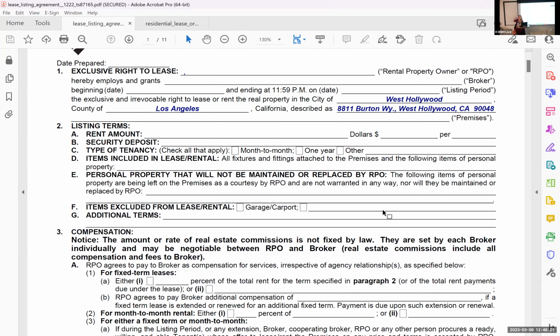That's 750 times 12. What is that? $9,000? Yeah. So, well, we're not getting a lot of showings. These are our only applicants. So do you want the bird in the hand or do you want to wait for two in the bush? It's up to you, but let me show you. Even if it takes one more month, you will have made more money by taking this lower number. Right. So that's a lot of times how I sway landlords or tenants to getting where they want to get.